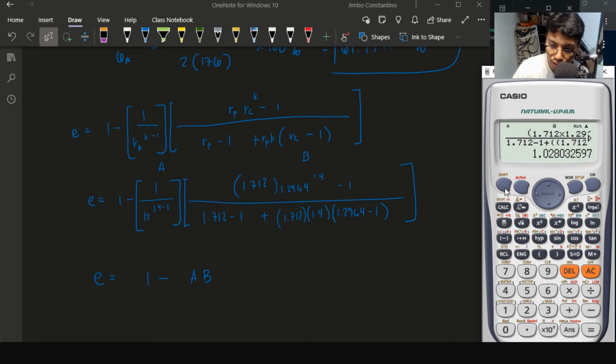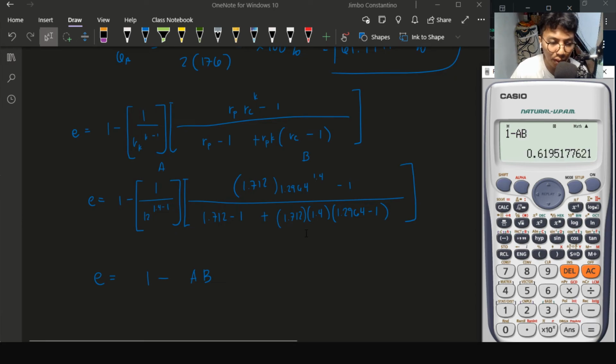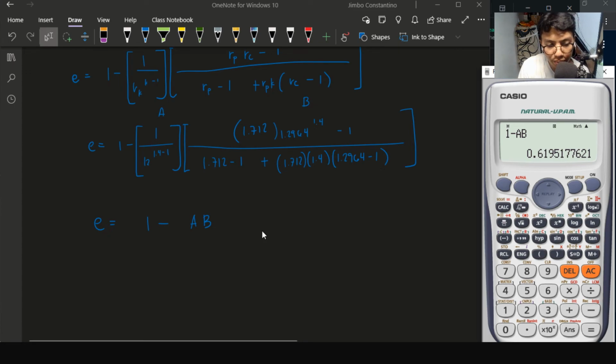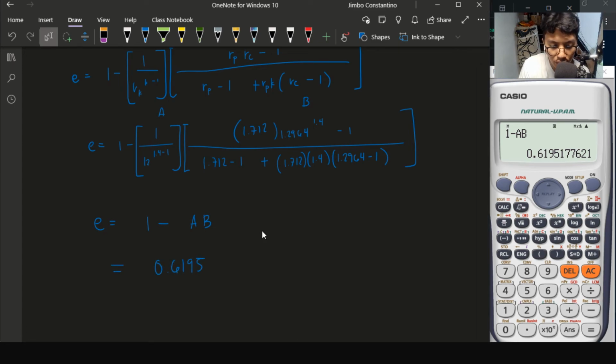Okay, store ko siya kay B. So, 1 minus A over B. Di ba? Pareho lang. So, the answer is 0.6195. Almost the same lang nung answer kanina, 0.6199. Check na rin yan.